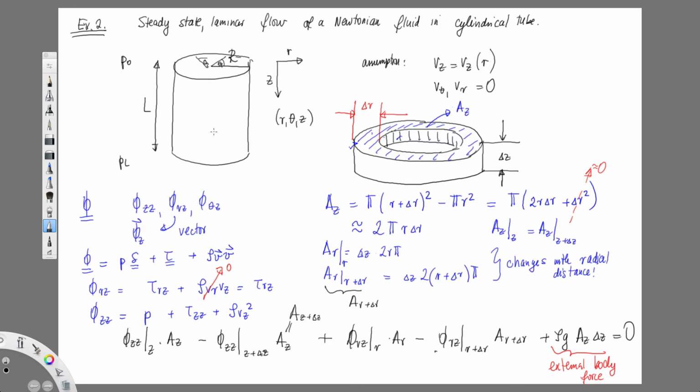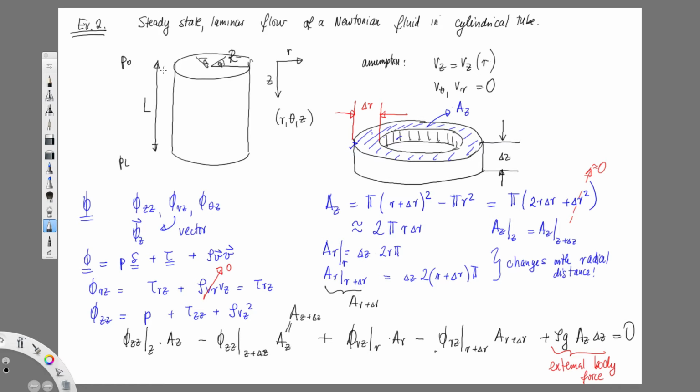So this is a tube of radius r. I'm flowing in the z direction, so my vertical component is z. I will have to work in cylindrical coordinate systems, so I have r, theta, and z. Theta is going in this direction.